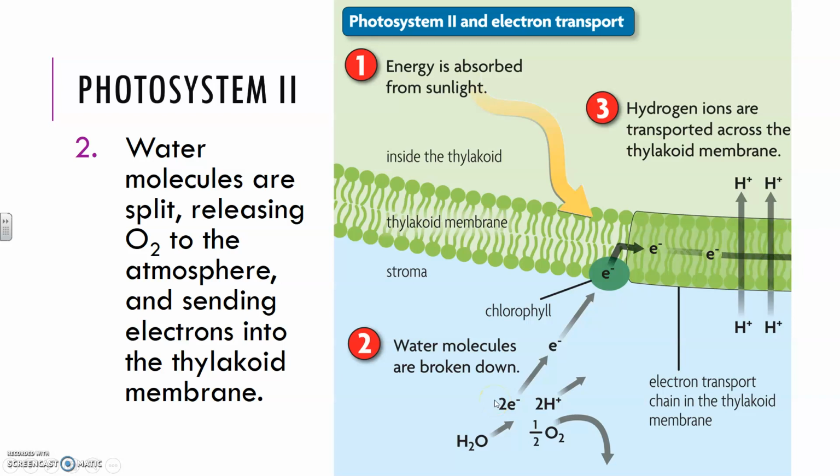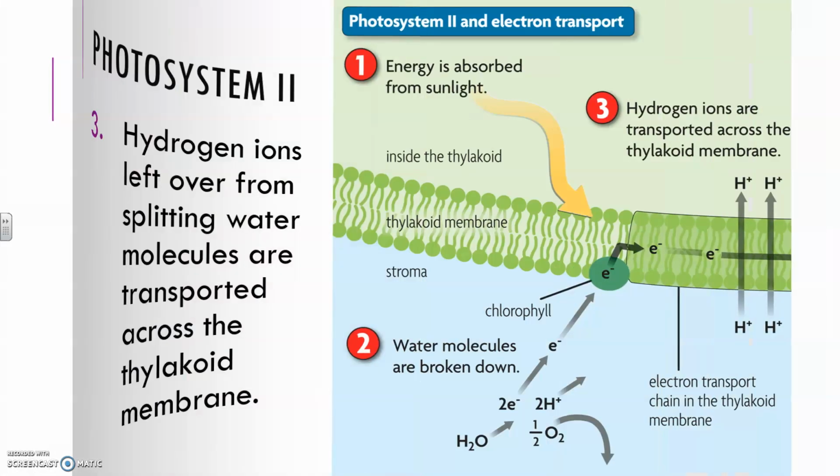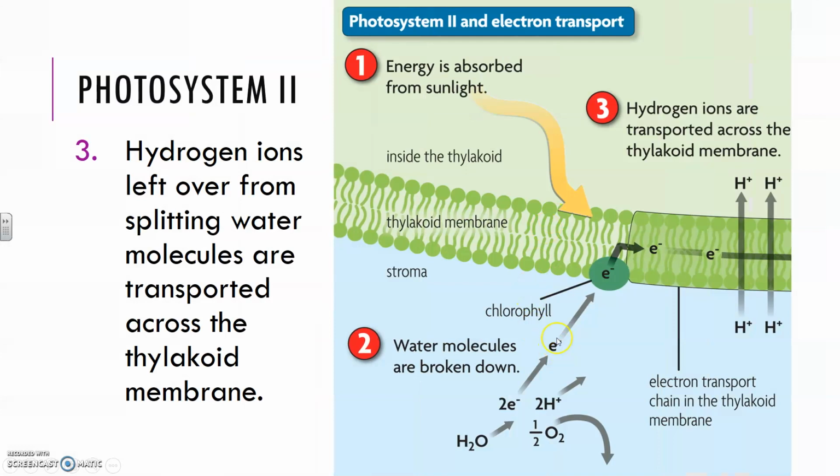Those electrons are the ones that get pushed into the membrane, and they absorb the energy that's passed to them from the chloroplasts, or the chlorophyll, sorry. So now you've got electrons, which are relatively excited inside of the thylakoid membrane.